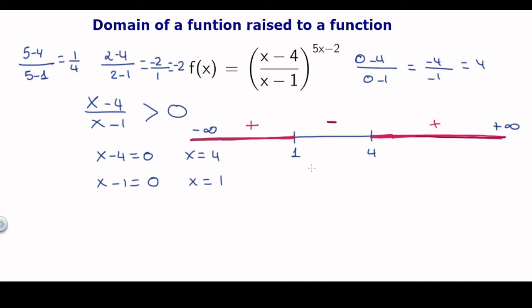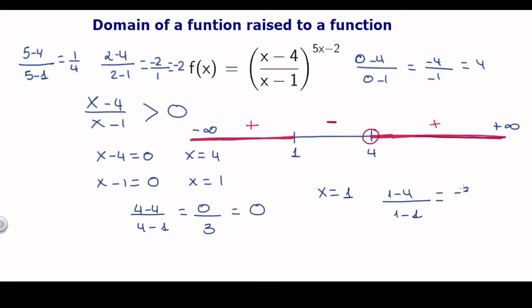But what about points 1 and 4? When x is 4, we get 4 minus 4 over 4 minus 1, which is 0 over 3, 0. The base has to be greater than 0, not 0. That's why 4 is a hollow point. When x is 1, we have 1 minus 4 over 1 minus 1.